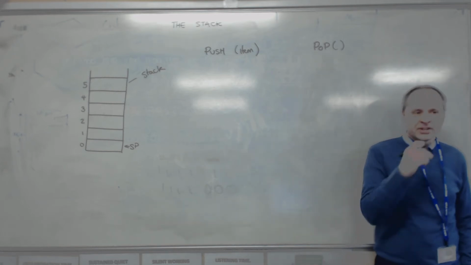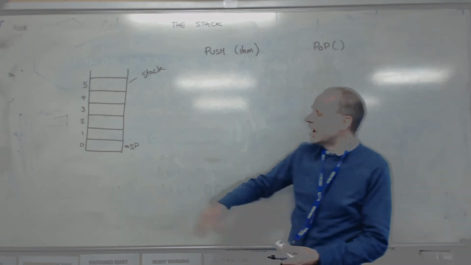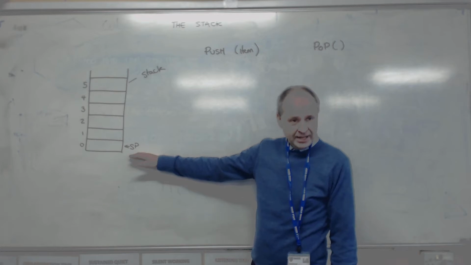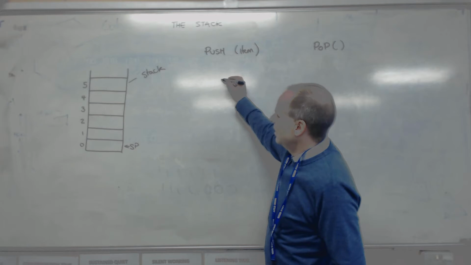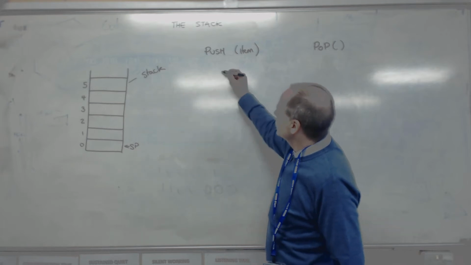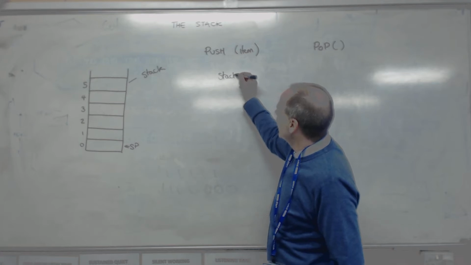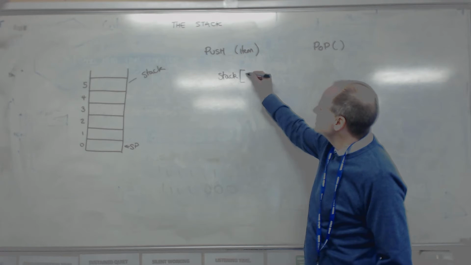So the process of the stack is actually quite straightforward. So if we want to put something on the stack, we need to look where the stack pointer is and place the item at that position. Okay? So all we've got to do, if I'm going to call my stack, I can say stack to refer to the array. The index I want is the stack pointer.